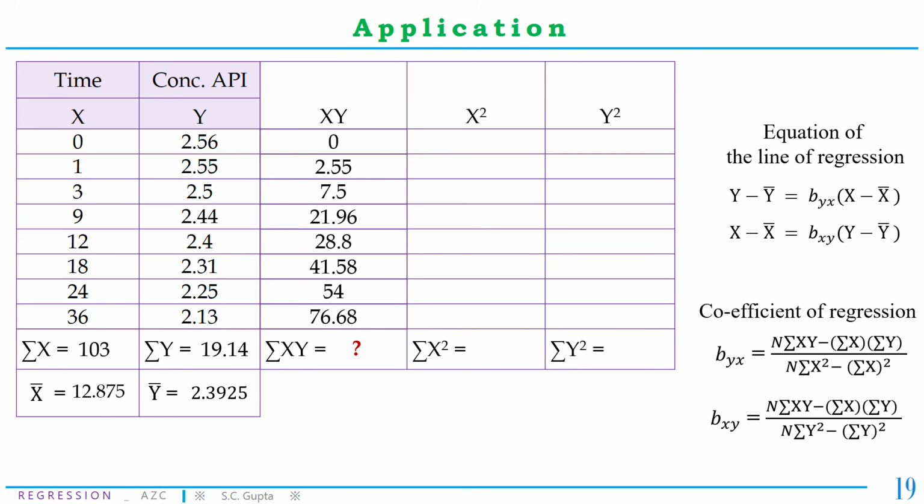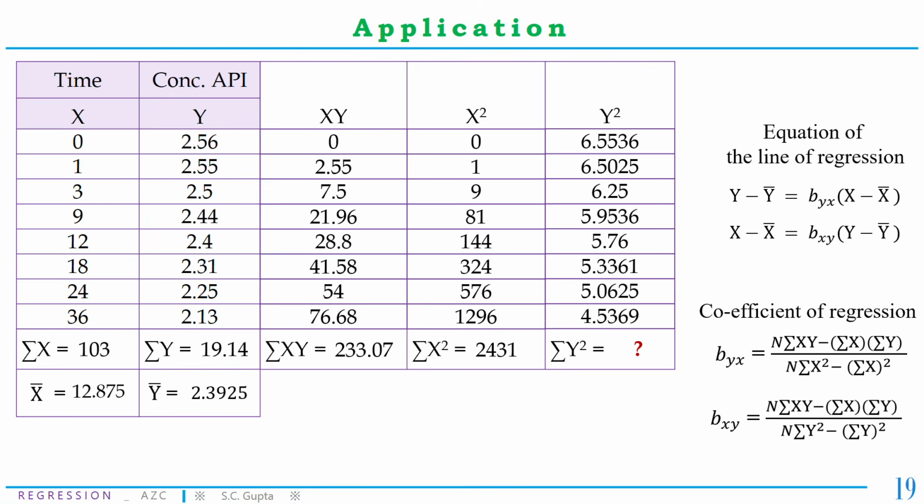Sigma xy is 233.07. Next, calculate sigma x square. Sigma x square is 2431. Now, calculate sigma y square. Sigma y square is 45.96.